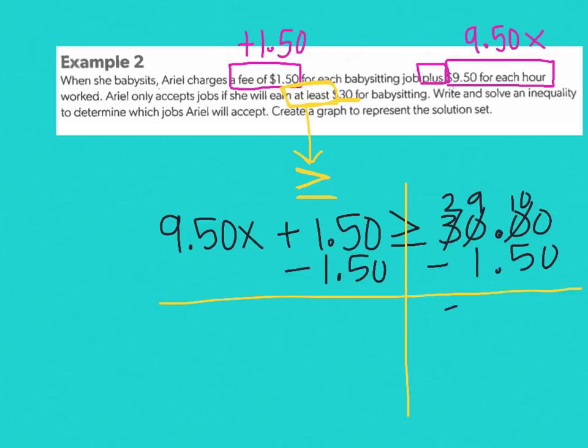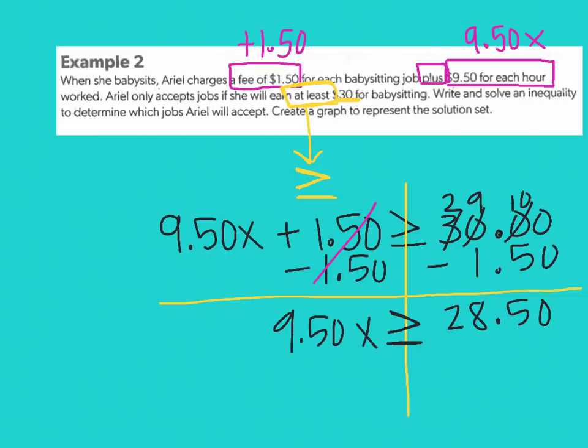If not, it should be $28.50. Then these numbers cancel each other out. I'm going to take this $9.50 right here, and I'm going to bring it down underneath. $9.50x is greater than or equal to $28.50.